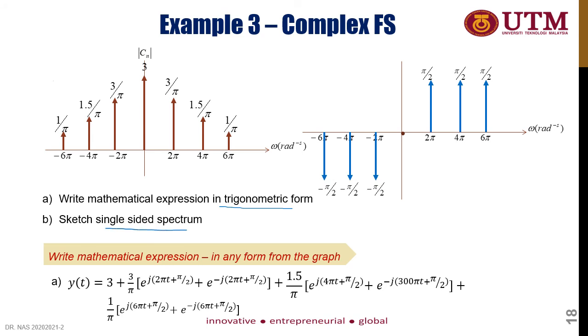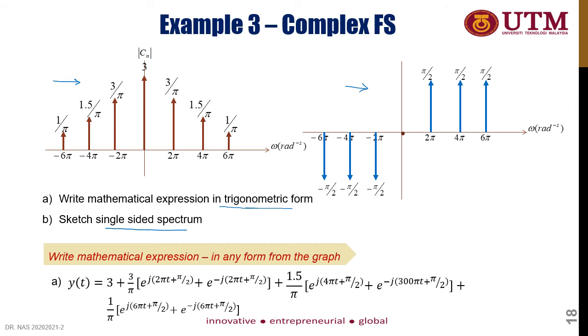Currently you are given the double-sided spectrum for both amplitude and phase. From the double-sided spectrum you will get the exponential Fourier series, so to get the trigonometric equation, you need to convert the exponential Fourier series into trigonometric functions.